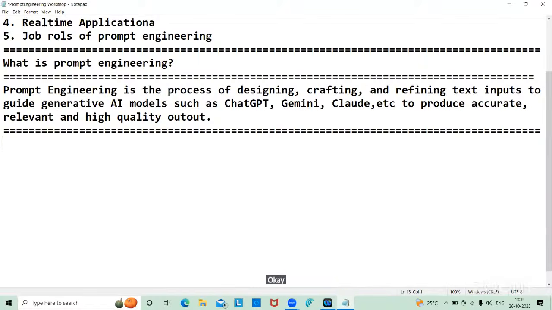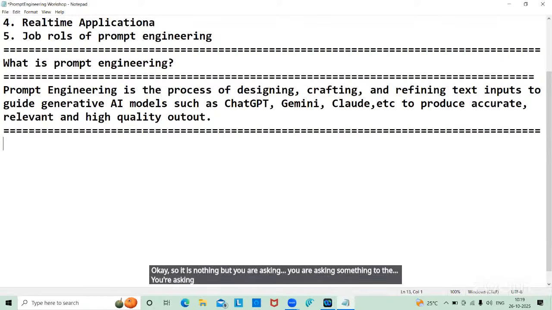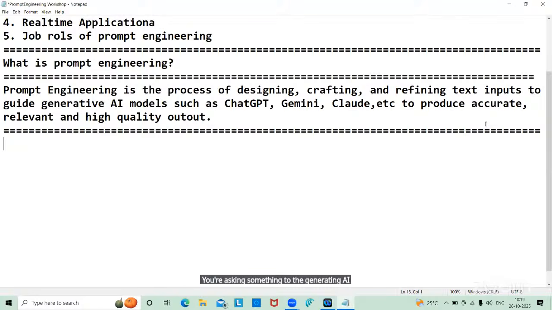You are asking something to the generative AI models like ChatGPT, asking some questions. What you are asking is called a prompt.